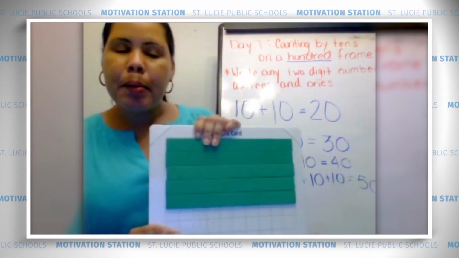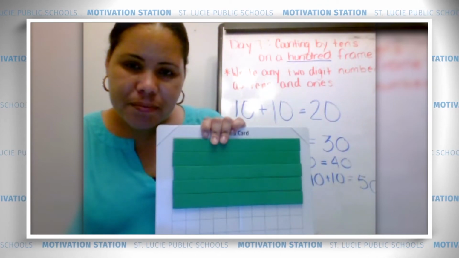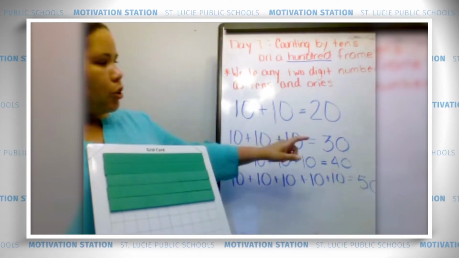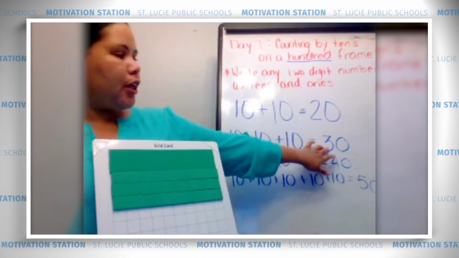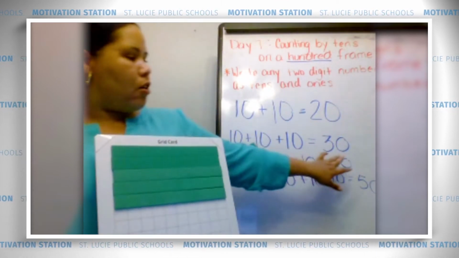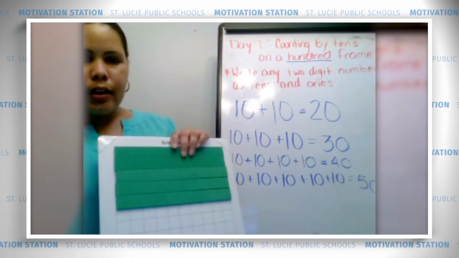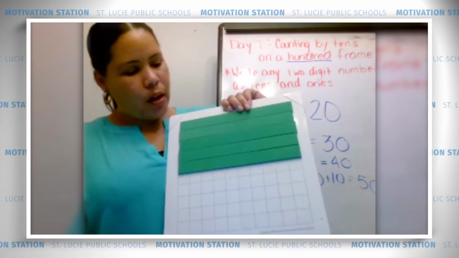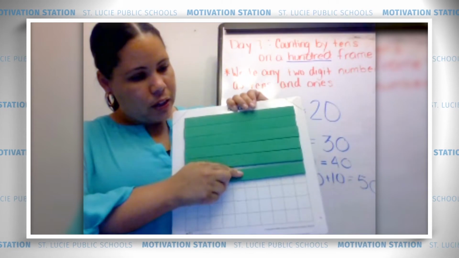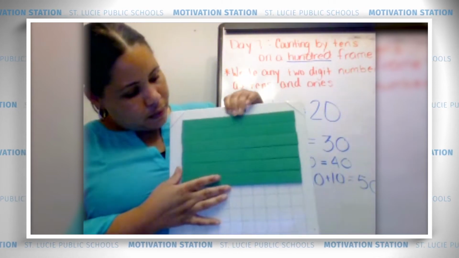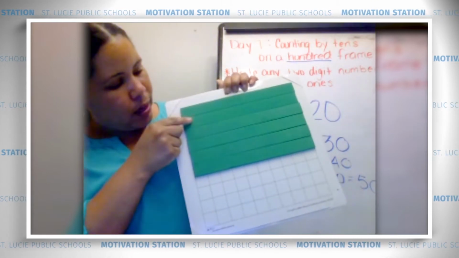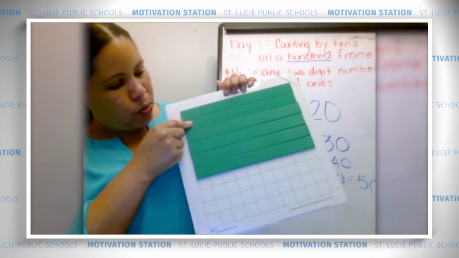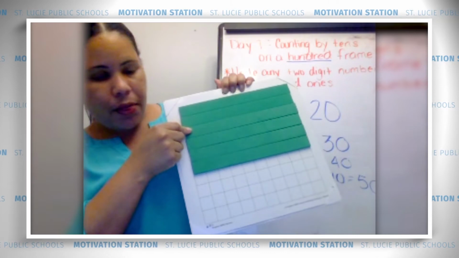Boys and girls, do you remember how to count by tens? Well, that's what we're doing here. 20. If I add another 10, 30. If I add another 10, 40. And I add another 10, 50. I'm going to add another 10. And now I have 60. 10 plus 10 makes 20. Plus 10, 30.